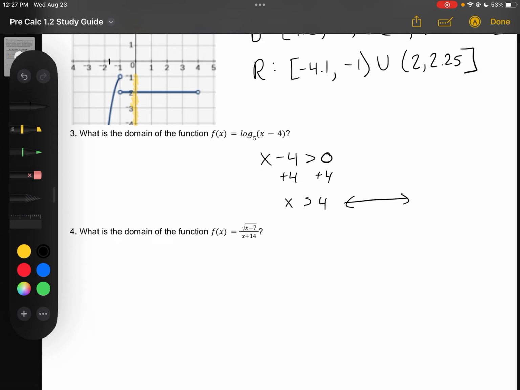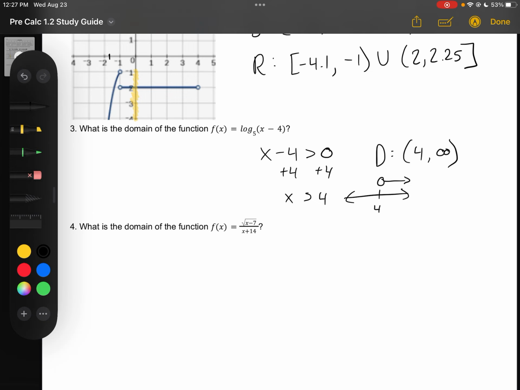So if we look at that on a number line, if we're at 4, bigger than 4 is to the right of 4. So our domain in interval notation starts at 4 and it ends at infinity. So again, logs must be positive, which is why we take what is inside of this log and make it greater than 0, because it must be positive.